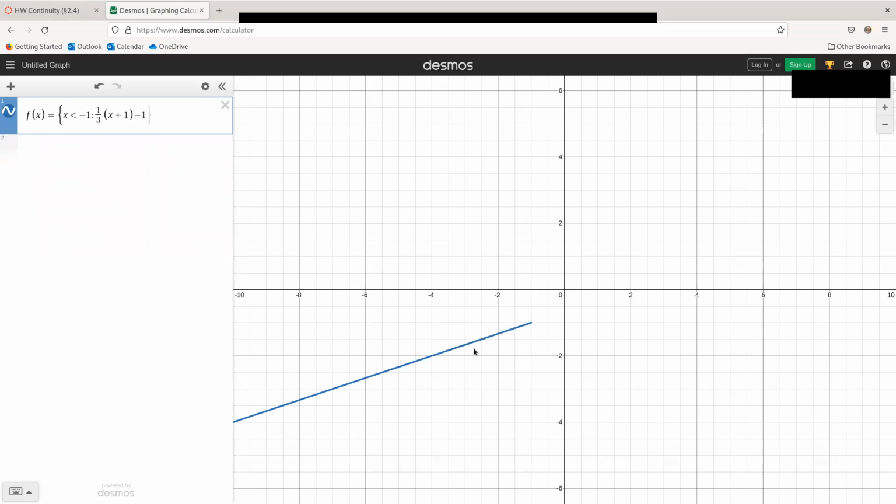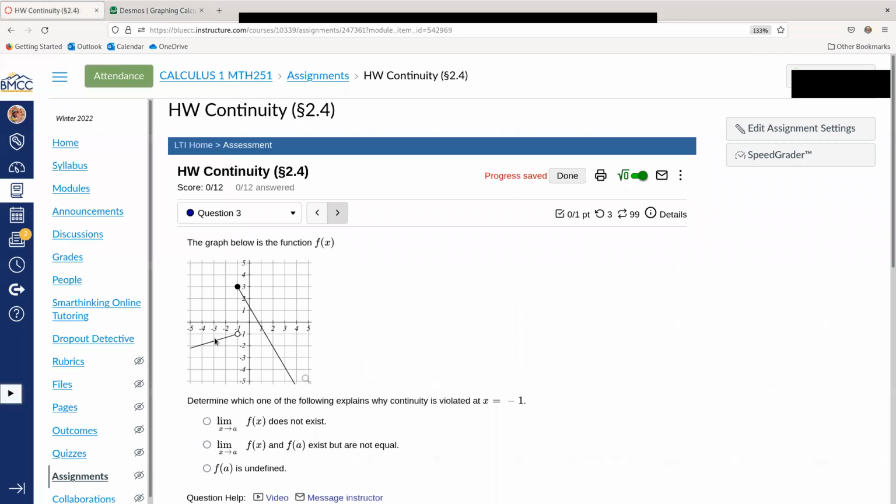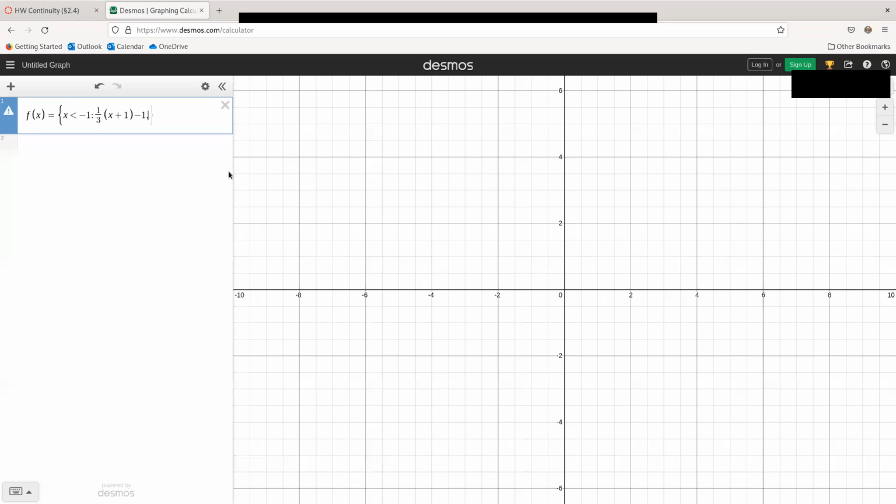So that's my estimate of what I saw on that screen. It's not exactly the same, but it's close. If you have other parts of the function, then you put a comma and then say what's the next group of x values? For this one, I get to use -1. So I would say comma, x is greater than or equal to -1, colon, and that slope looked to be about -3.